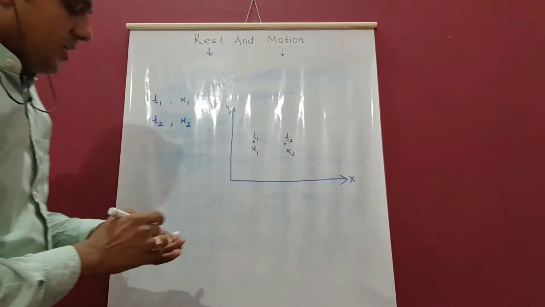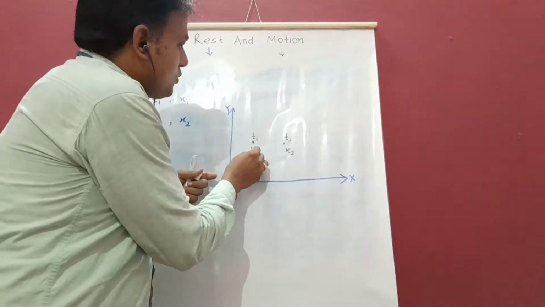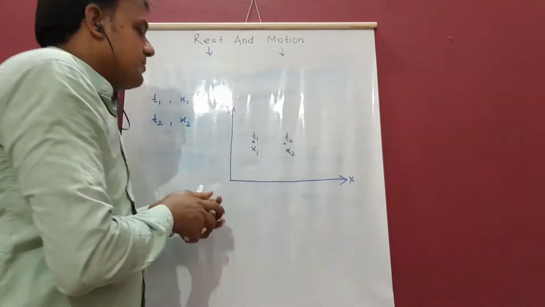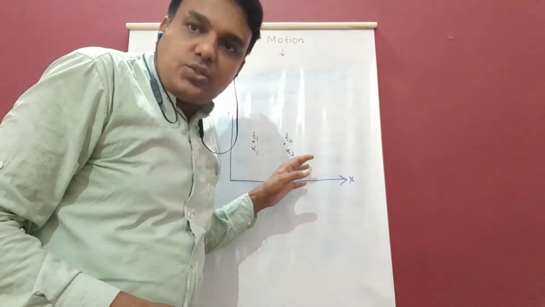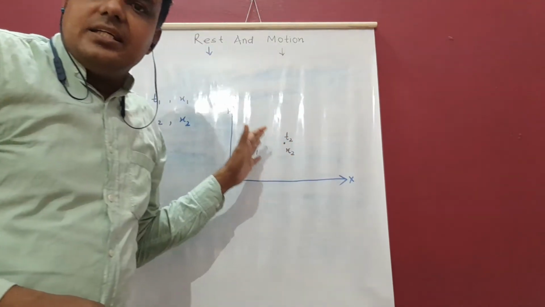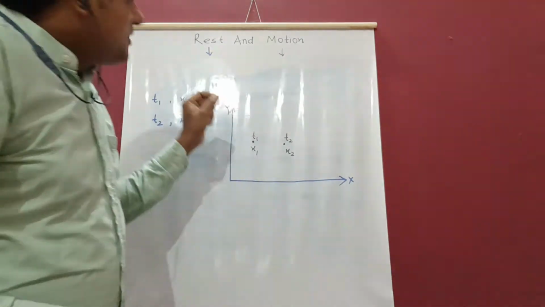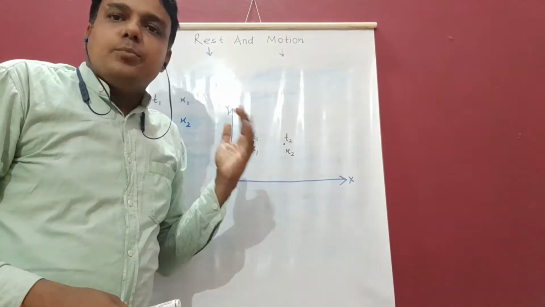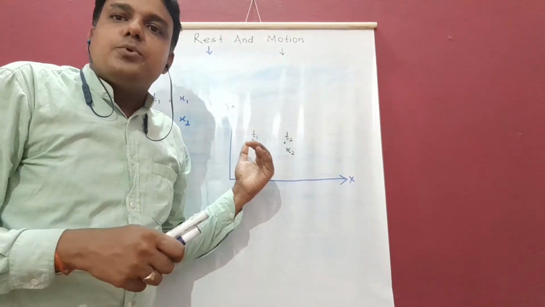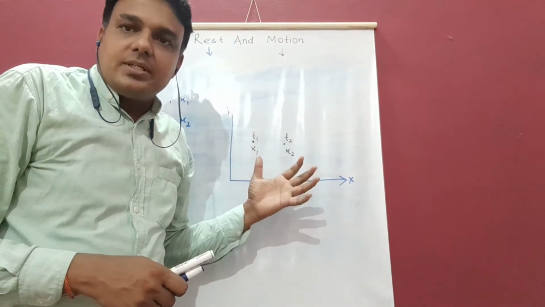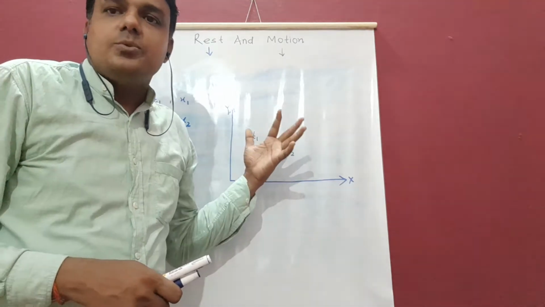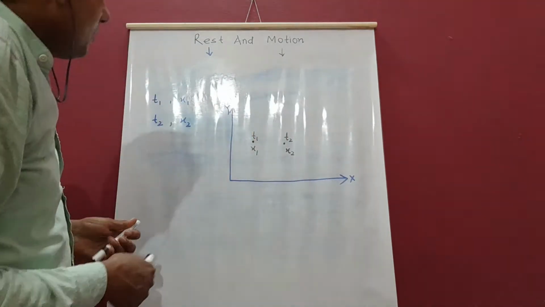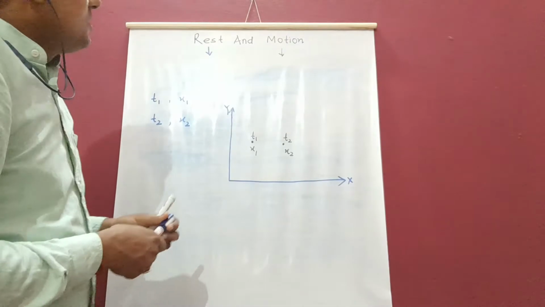So here, if you see the two positions of the same object, it changes from x1 to x2, and it represents that this object is in motion because the position of this particular object is continuously changing with respect to time. Okay, this is known as motion.